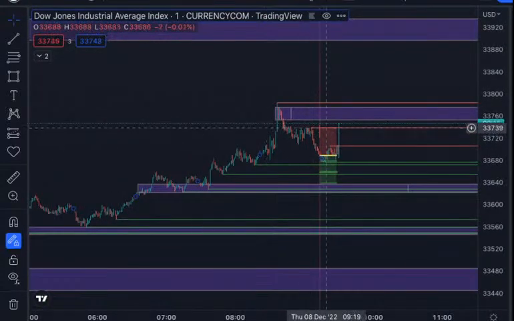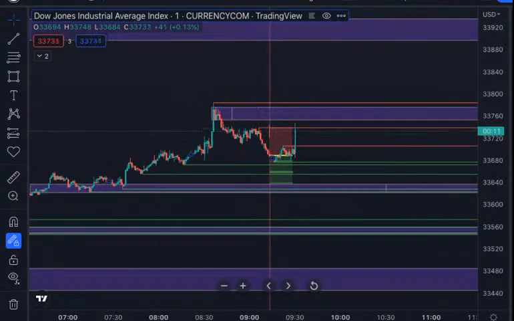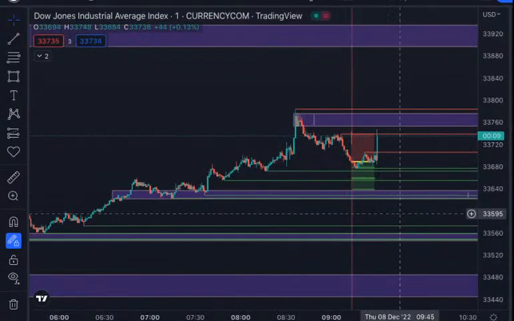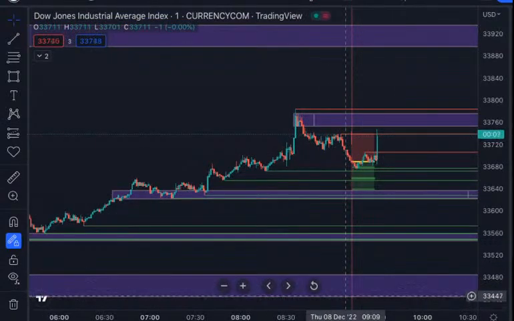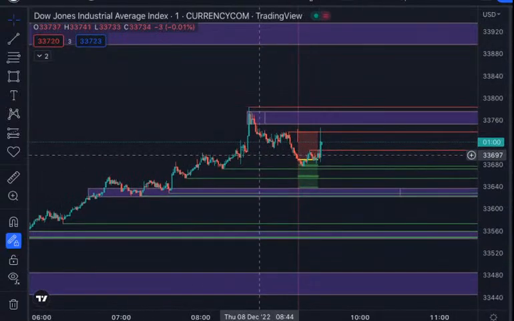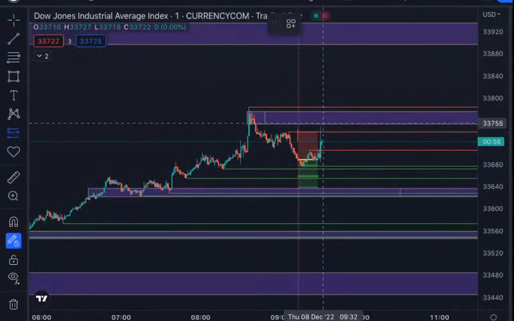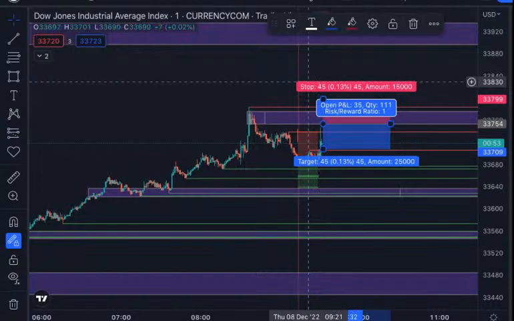Could this opening candle just be a sweep of that high right there? This could very well be a possible setup that could play out right here.